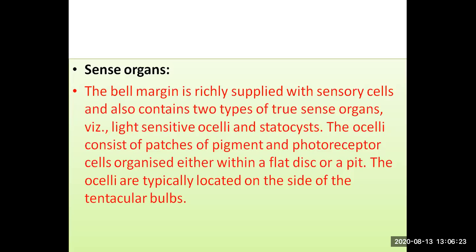statocysts. The oculi consist of patches of pigment and photoreceptor cells organized either within a flat disc or a pit. The oculi are typically located on the side of the tentacular bulbs.